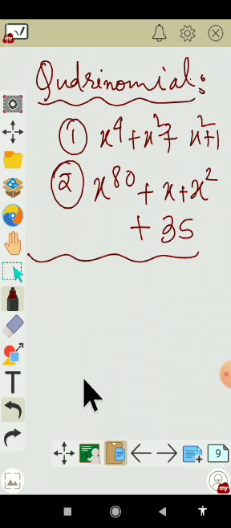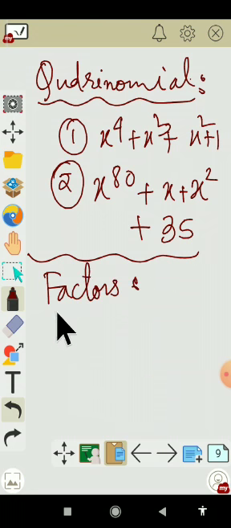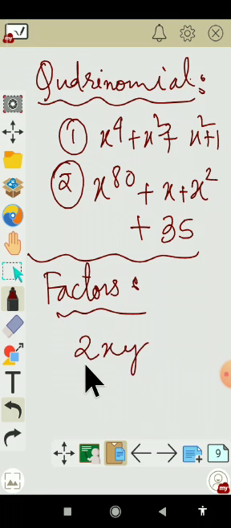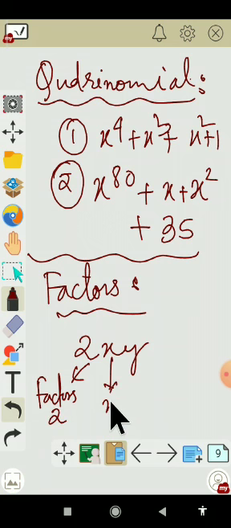Now what do you mean by factors? Suppose one term is 2xy, so here the factors are 2, x and y. These are the factors.